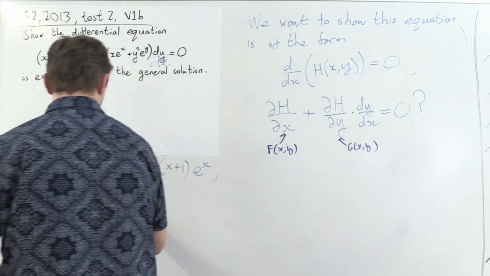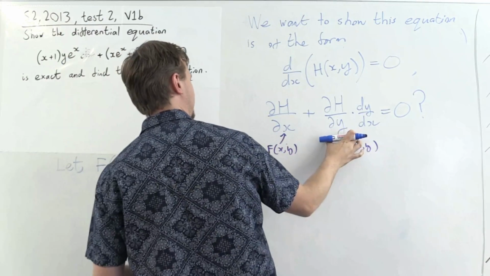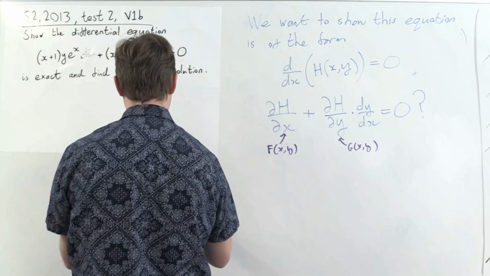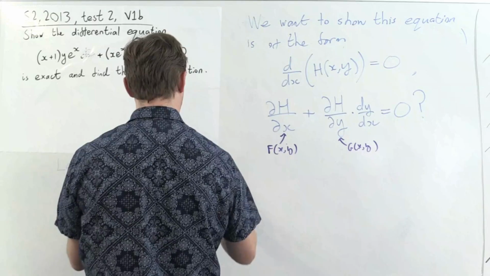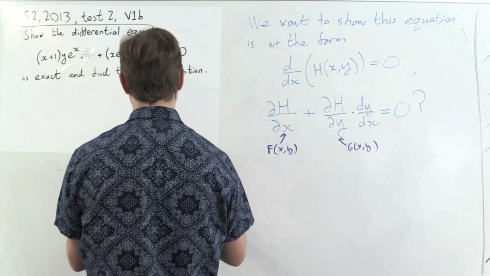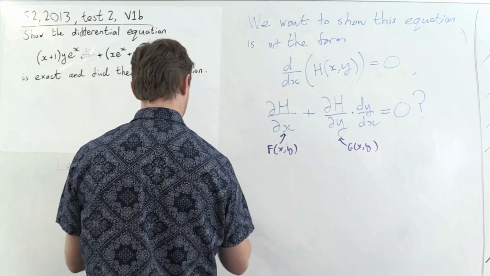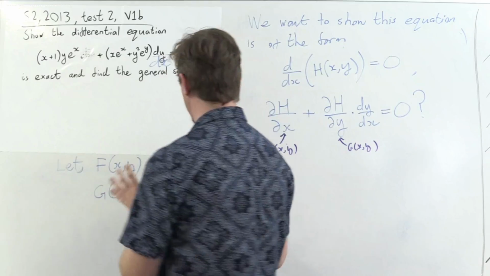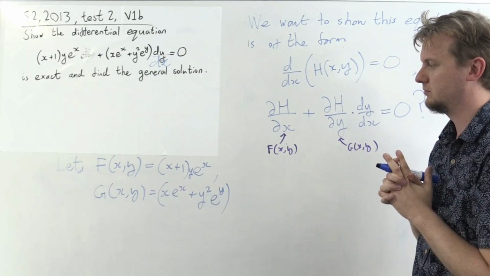So I'm going to let f equal that term, and the term I see next to dy/dx will be my g. Is that y missing? Yes, it is. Thank you. Otherwise my check would fail, and I would have to go back to the drawing board, whiteboard. So make sure we don't make any mistakes copying it down, or we will have an unpleasant time.